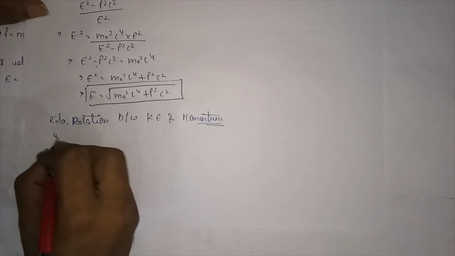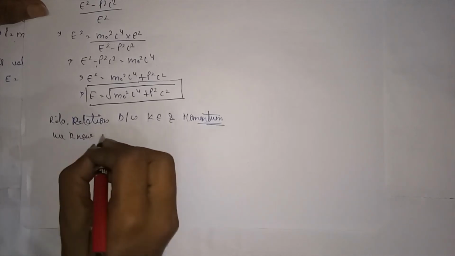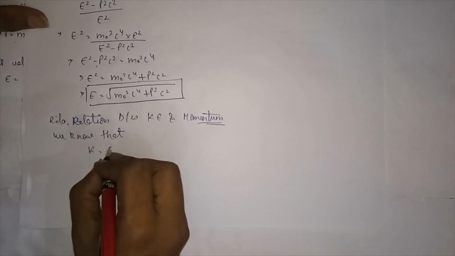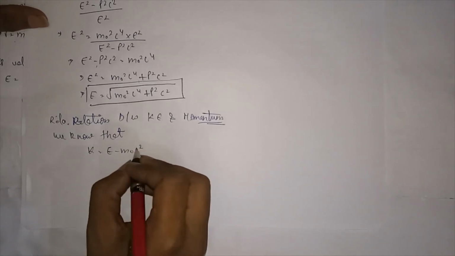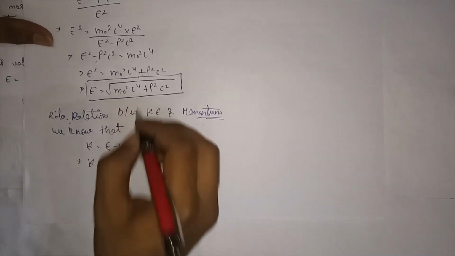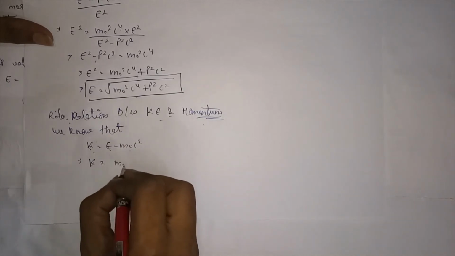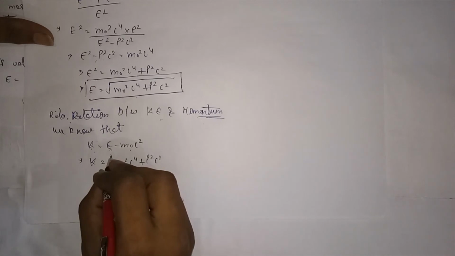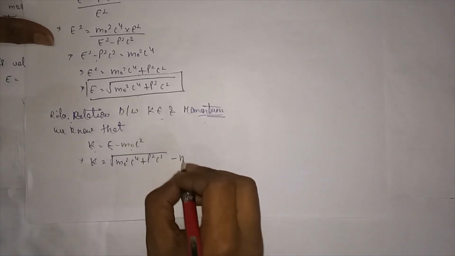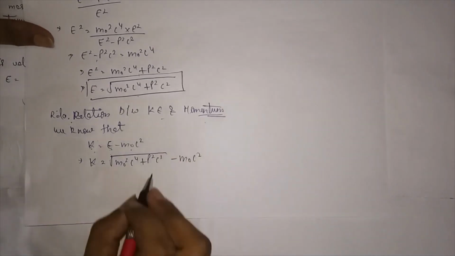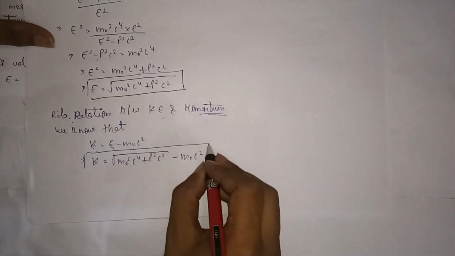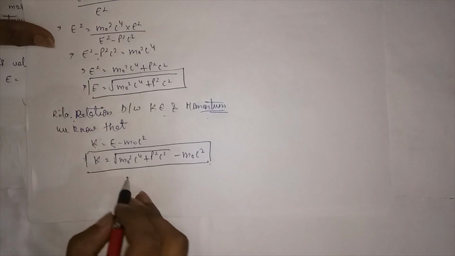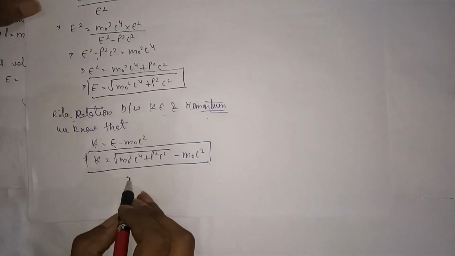So we know that K equal to E minus m naught c square. Putting the value of E in this equation, K equal to under root m naught square c to the power 4 plus p square c square, minus m naught c square. So this is one more relation. If you write this relation also in this derivation, you will definitely get more marks.